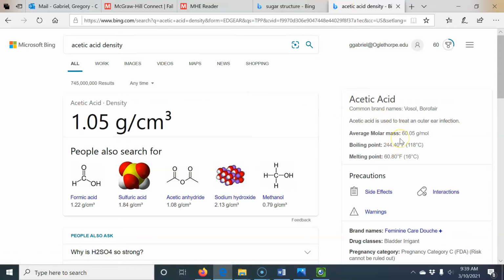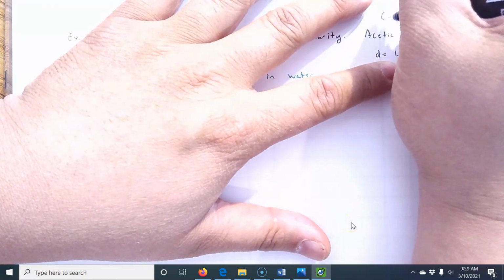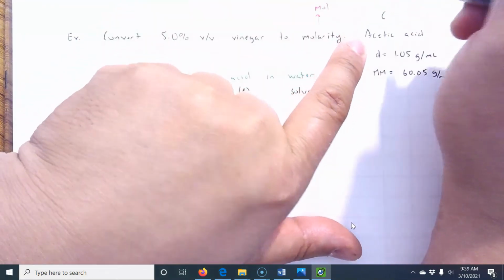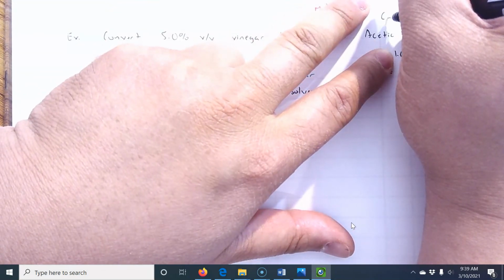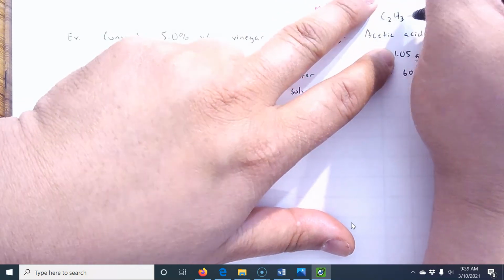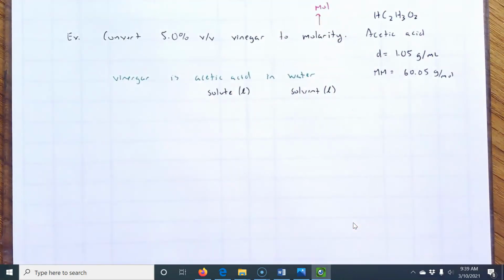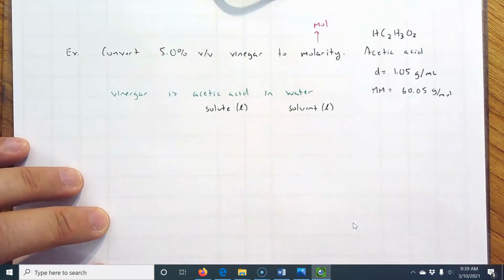And the molar mass, we'll call it mm, equals 60.05 grams per mole. So we don't need the molecular formula because they already give us the molar mass. But the molecular formula, just in case you're curious, comes from the acetate ion, C2H3O2, but because it's an acid, pick up another hydrogen. Okay, we have all the information we need.